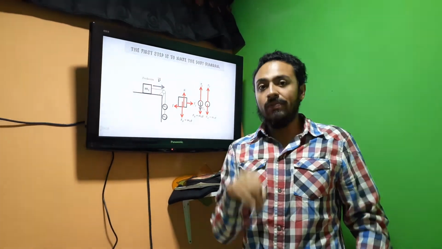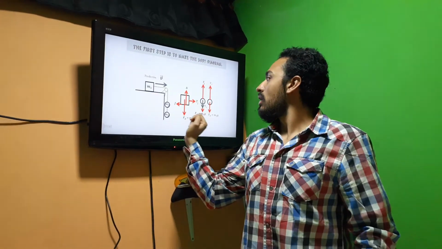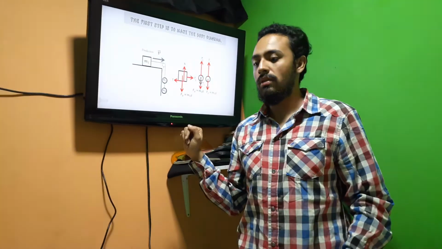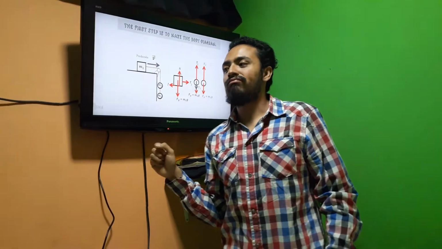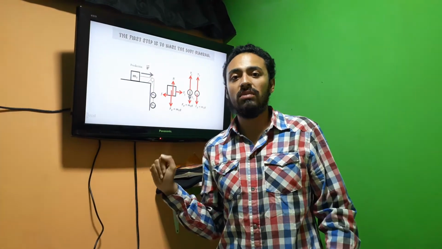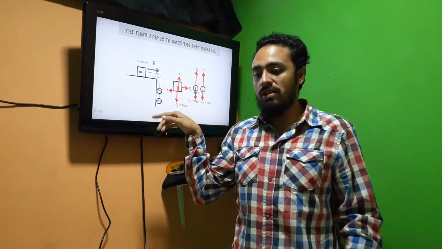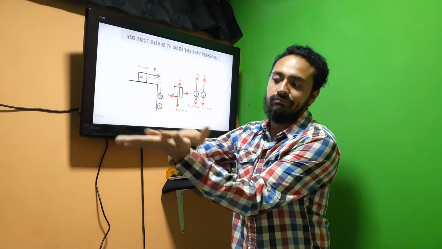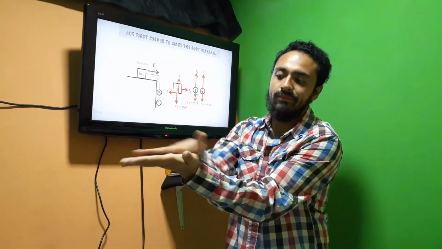The third force is the weight, produced by gravity. And this force is friction, the friction between the body and the table, for example.